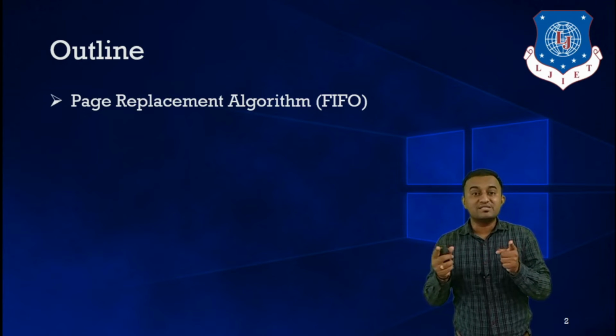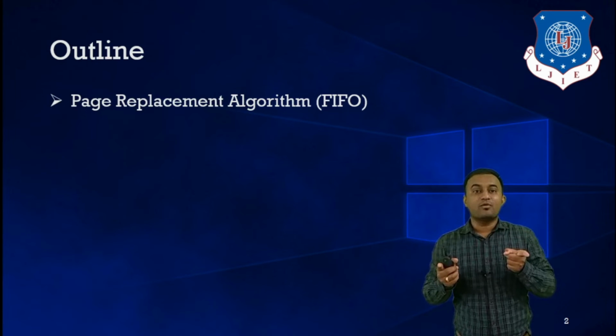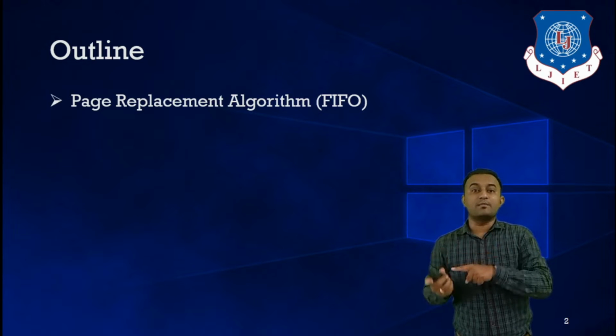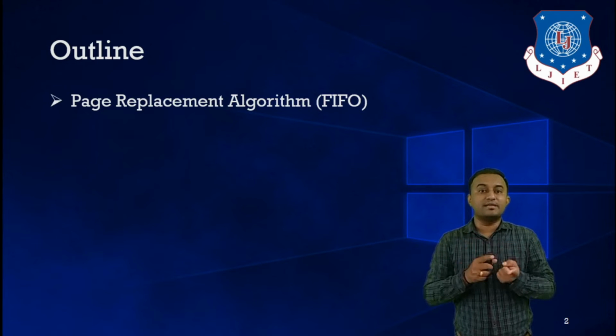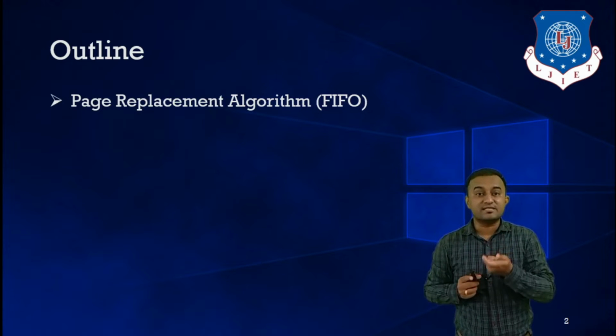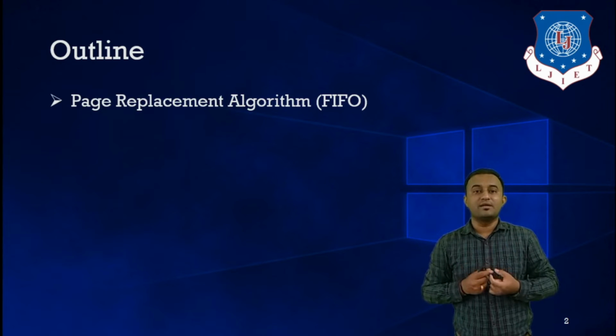These two pages will be exchanged: one is coming from secondary memory to main memory, and another is going from main memory to secondary memory. This concept is called swapping in virtual memory.